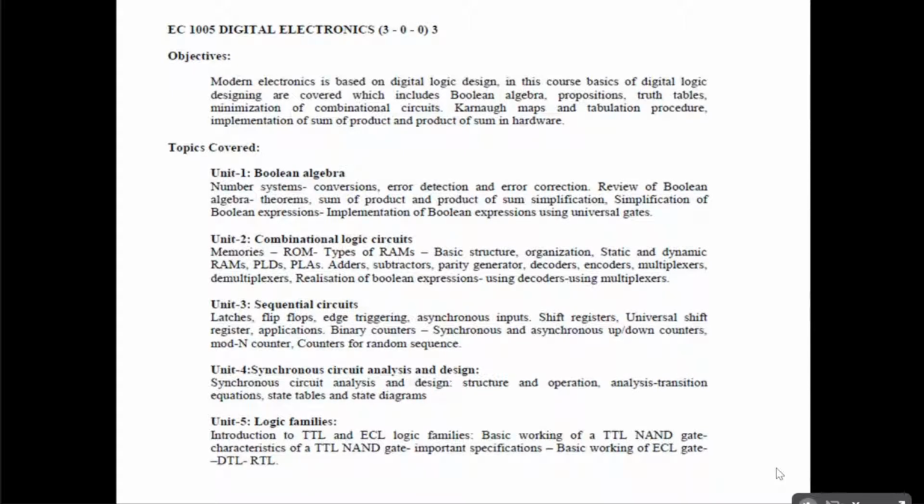The next unit is sequential circuit. So what is sequential circuit? It is also a circuit. In this, the output depends on present input and also the past output. So for example, take lift as example. In lift, you want to go to second floor. So you press the button. So pressing the button is input and go to second floor is your output.